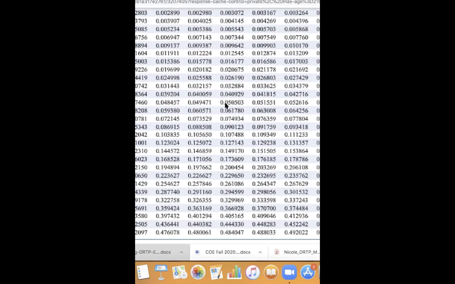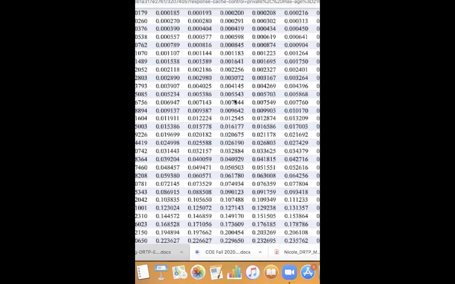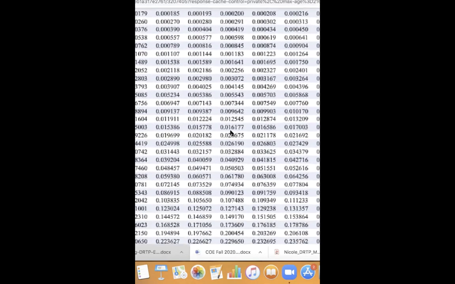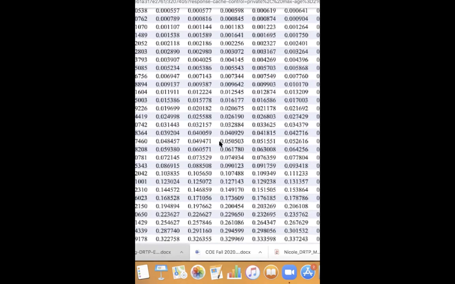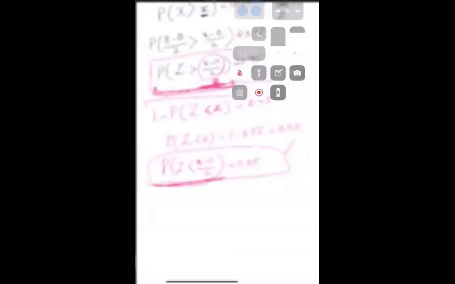Now, let's find the z corresponding to this probability. The z corresponding to this probability is minus 1.64.